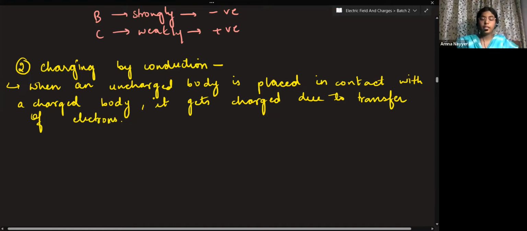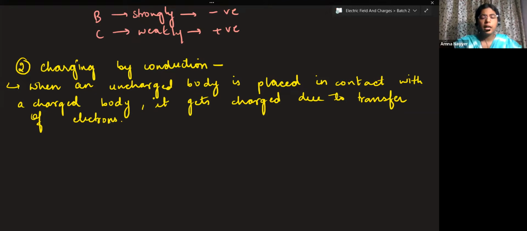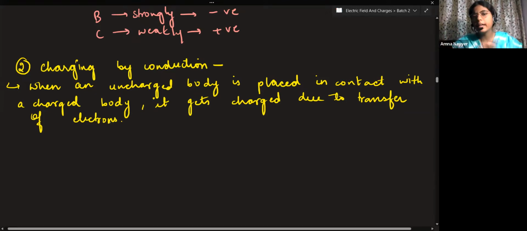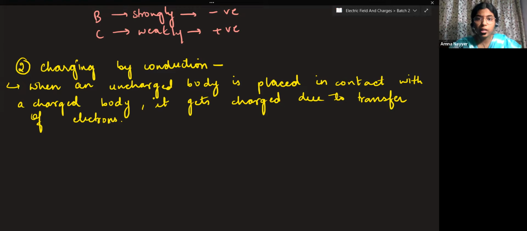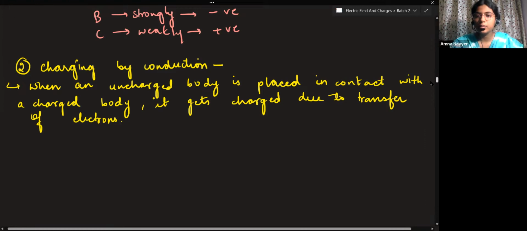One more thing, if you have two bodies which are completely identical, let's say spheres, then the radii of both the spheres are equal. So if you have identical bodies, then the charge transfer will occur equally. I'll explain.